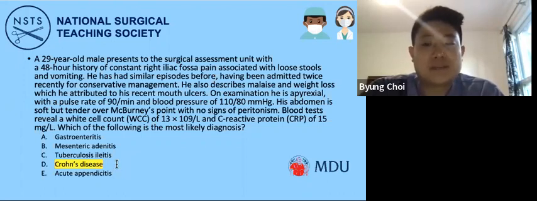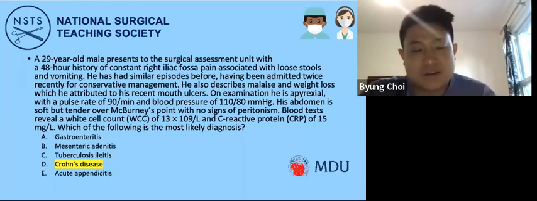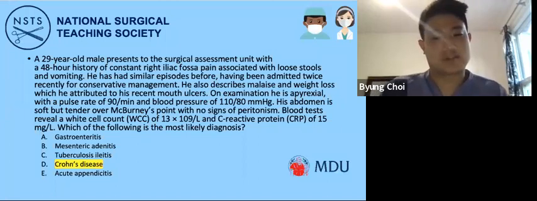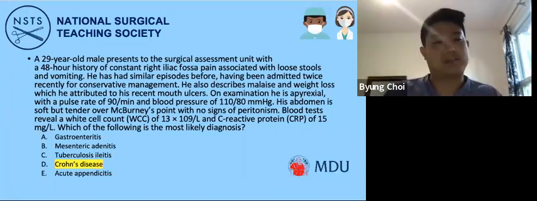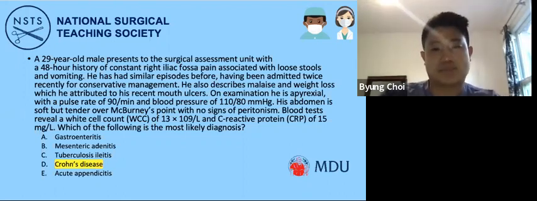The real key bits here are in the middle of the stem. The patient is 29, so it would fit the age range, as Crohn's or IBD has a bimodal distribution of incidence. And he's got weight loss and malaise, as well as recent mouth ulcers. They're probably aphthous ulcers, so these are features that fit with IBD.